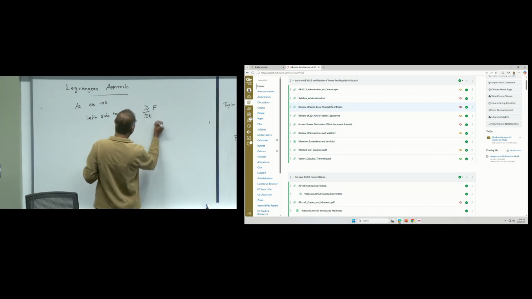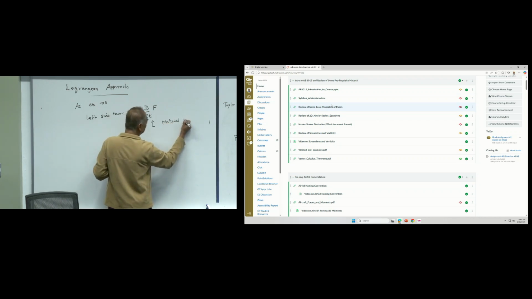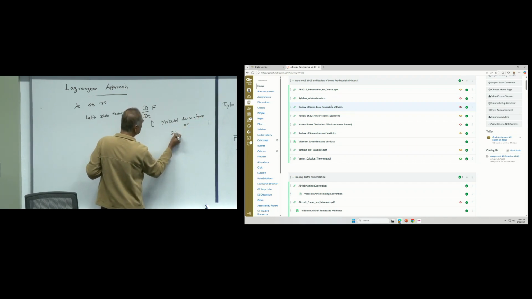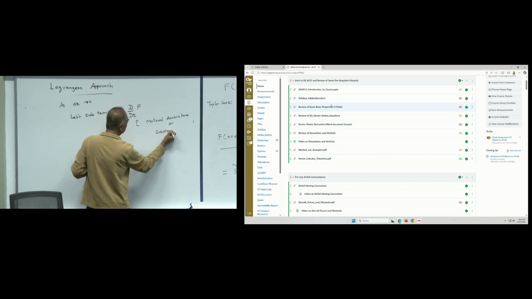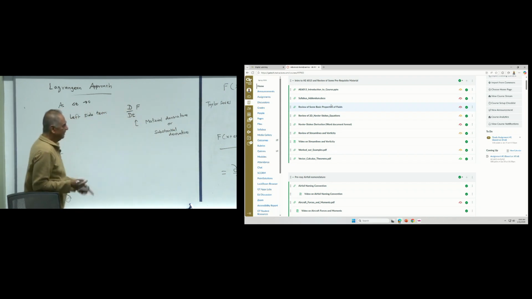So we are going to call this the material derivative, that means the material particles are moving from point to point, or substantial derivative. Both terms are used interchangeably in books.